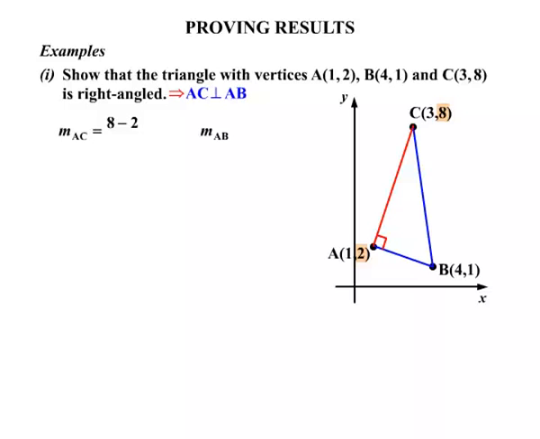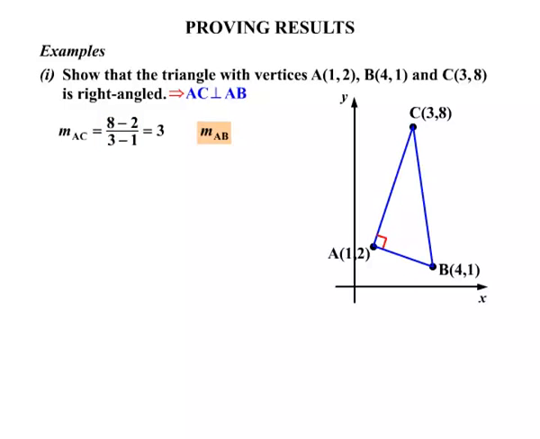So 8 minus 2, over the difference in x values, 3 minus 1. And 8 minus 2 over 3 minus 1 works out to be 3. On the top, 8 minus 2, that's 6. On the bottom, 3 minus 1 is 2. And 6 divided by 2, of course, is 3.